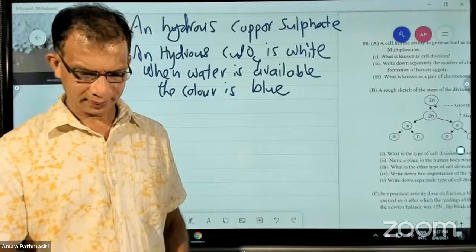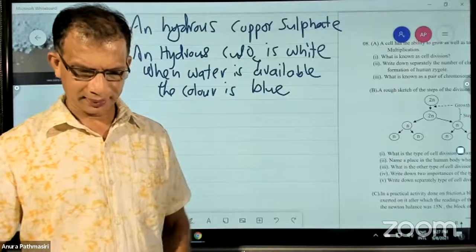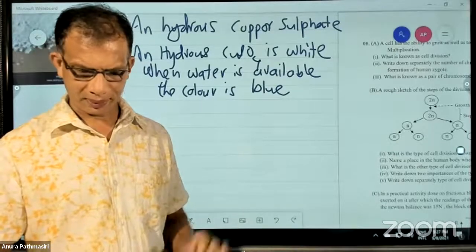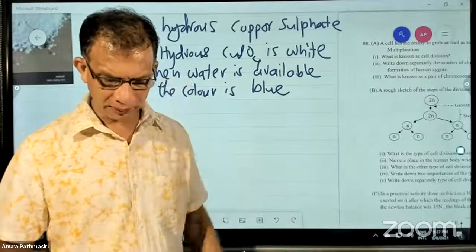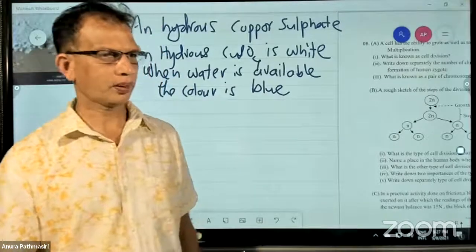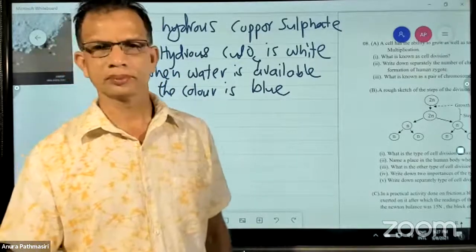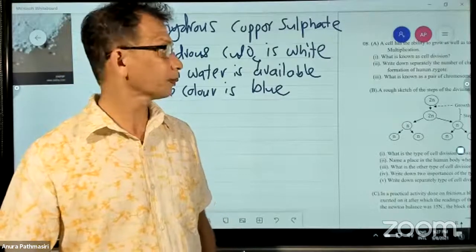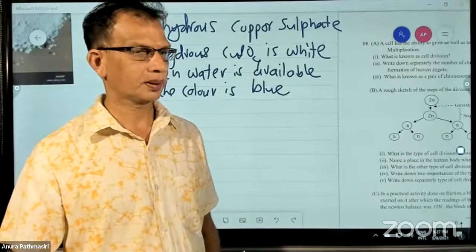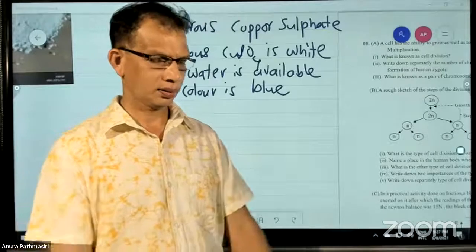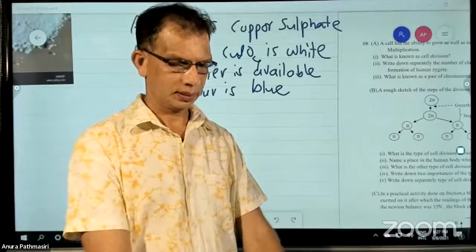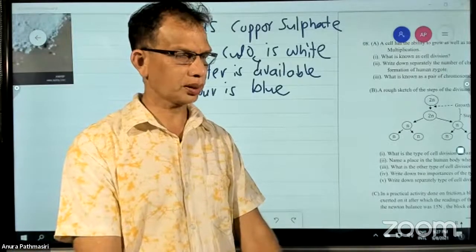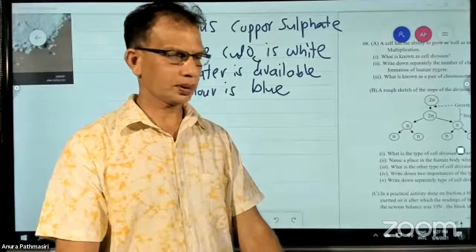The tips of the leaves. What happened to the tip of the leaf? Dying tissues at the tips of the leaves.